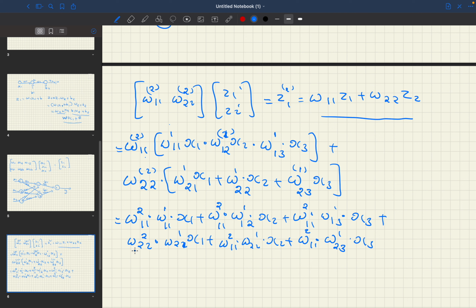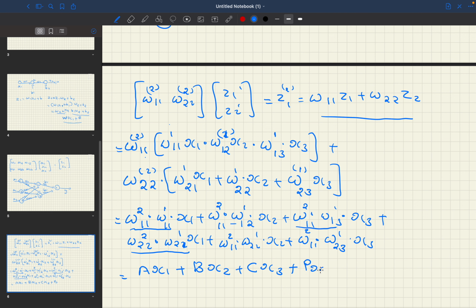So I'm going to rewrite it a little bit to make it easy. This term will be a constant, right? So I can rewrite it as AX1 plus this will be BX2 plus this will be CX3, plus these terms can be called P, constant.